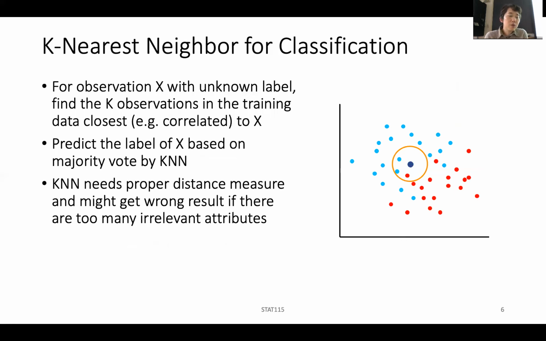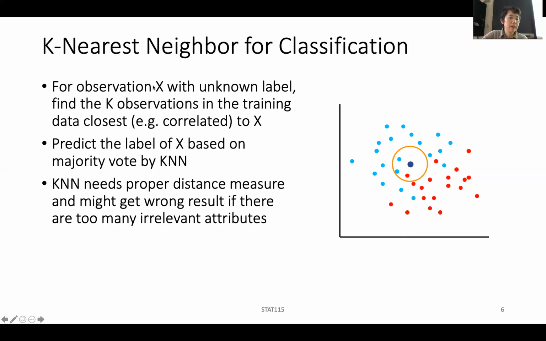You can also use k-nearest neighbor for classification. For example, supposedly we have previously profiled some disease samples and some normal samples, and we can project them into some space. You can use correlation to calculate their distance.